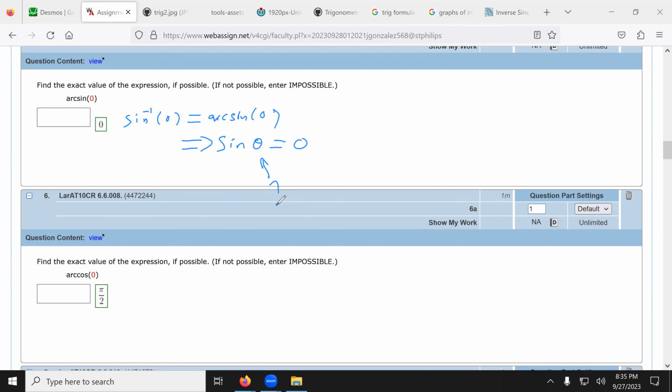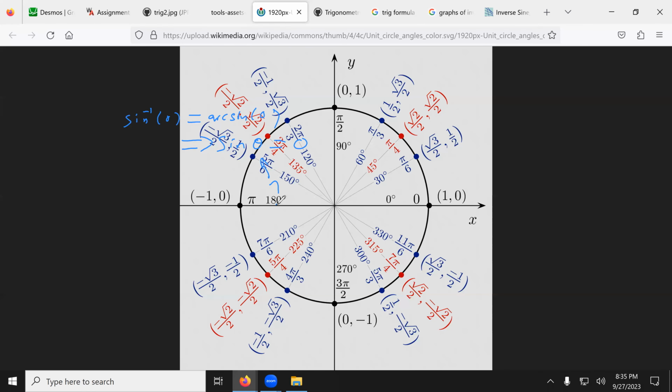So look at the unit circle, right here. The y value at 0 happens at 0. It also happens out here. But what is the domain and range for the inverse trig function?